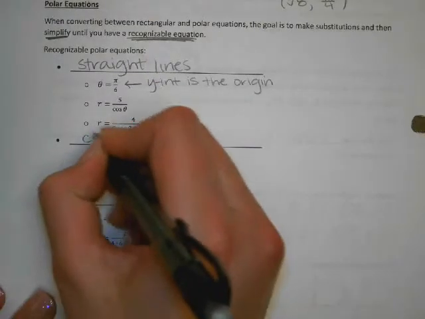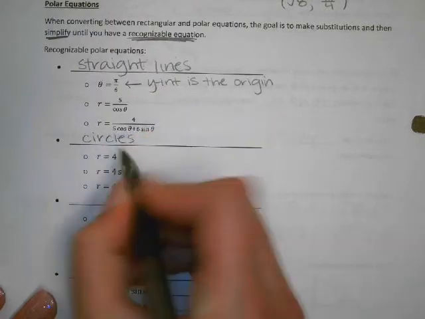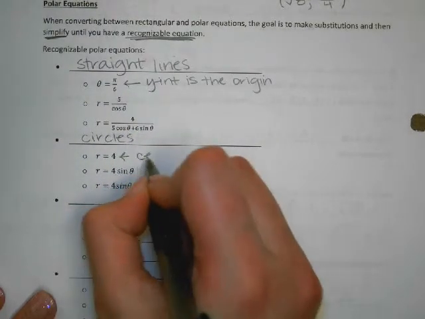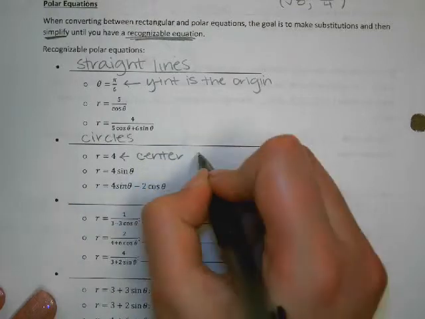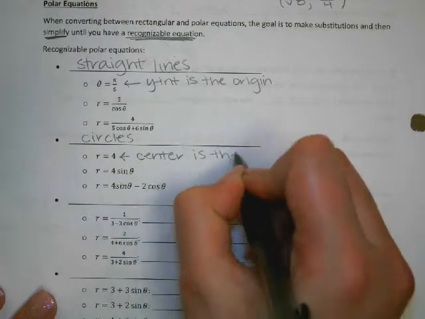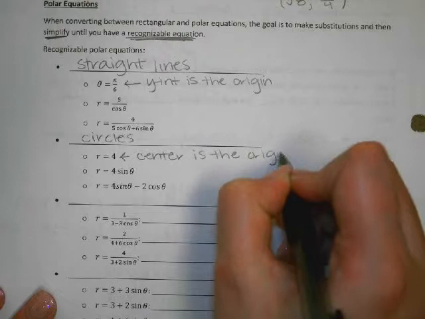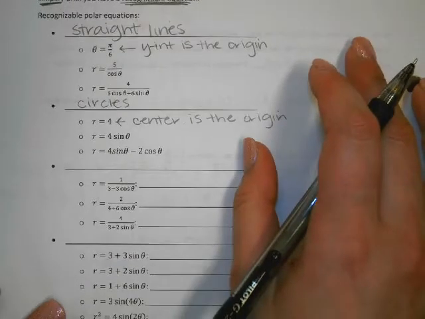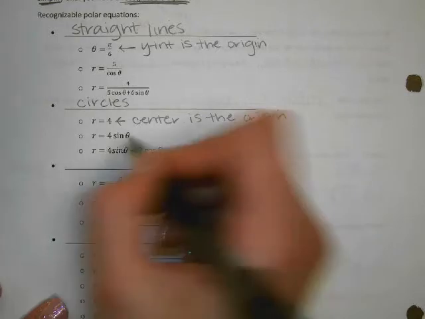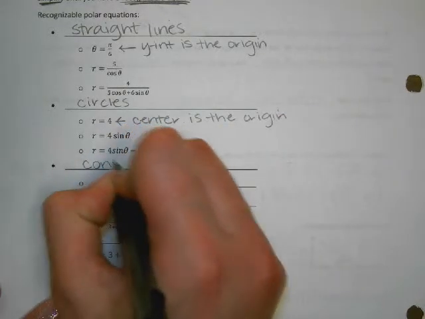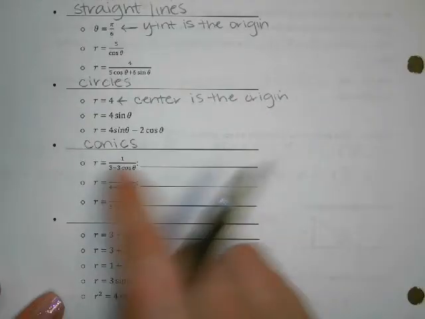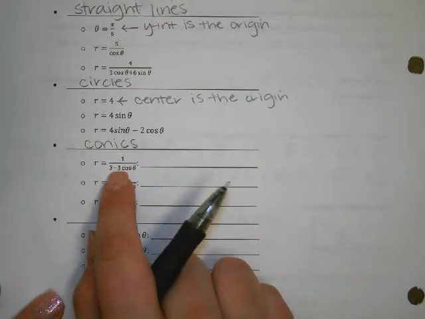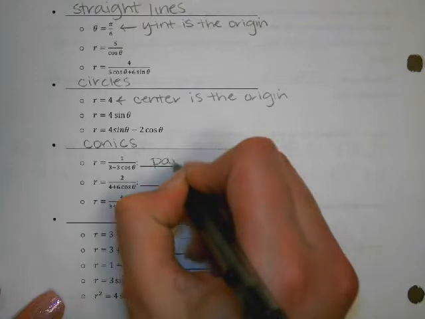These all represent circles. If we have r equals a number, then that means that the center of the circle is the origin. And then these are just what they look like if your center is not the origin. Next, we have conics. These graphs are all conics. So when the two numbers are the same size, then you have a parabola.